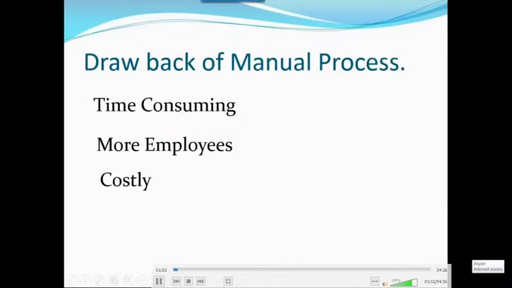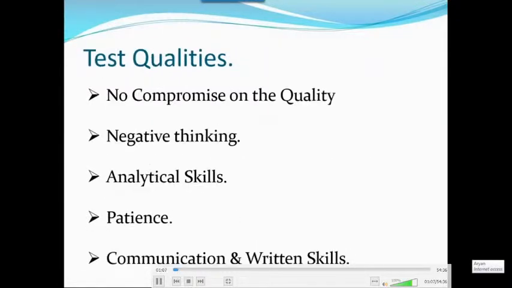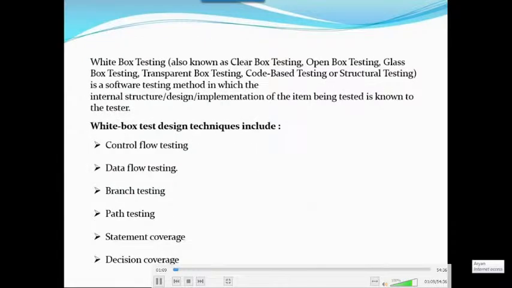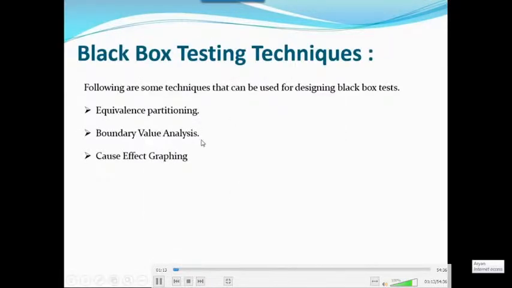So what is the BVA? BVA, boundary value analysis. What is the meaning of BVA? Yesterday we discussed it. BVA is boundary value analysis. How will we test this one?